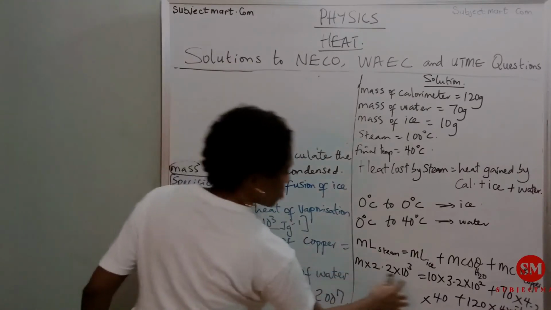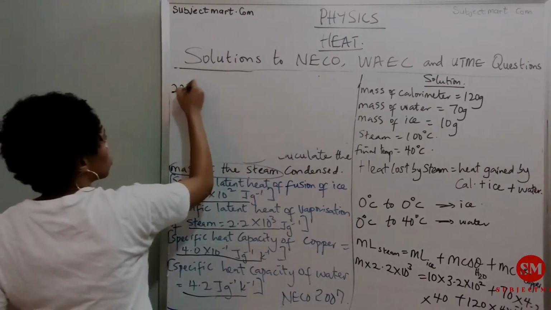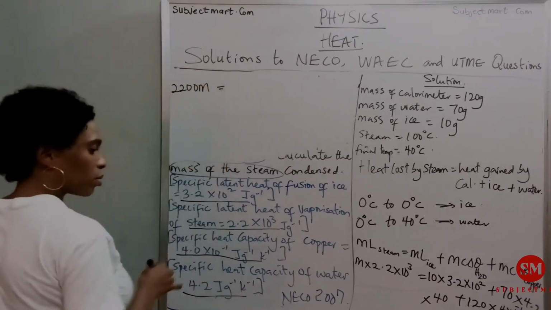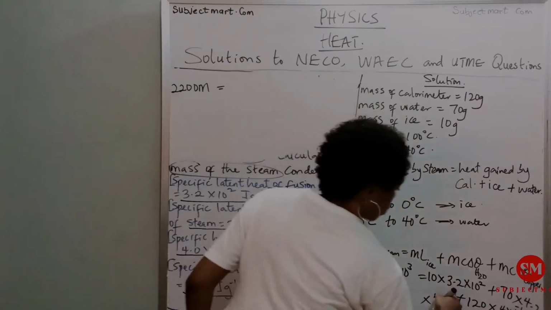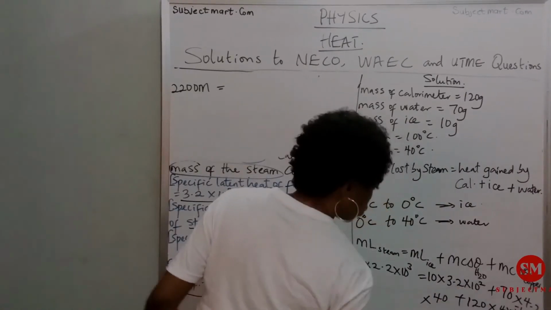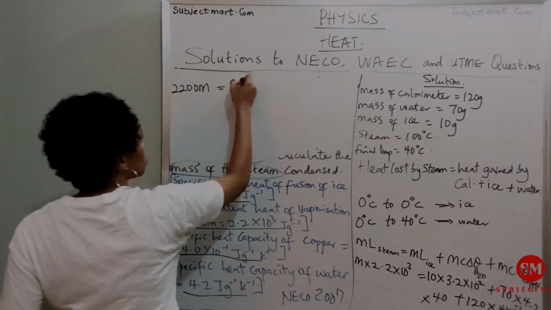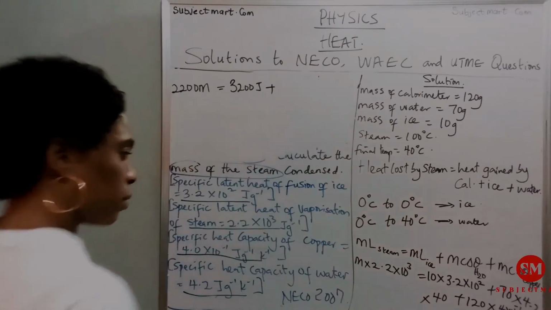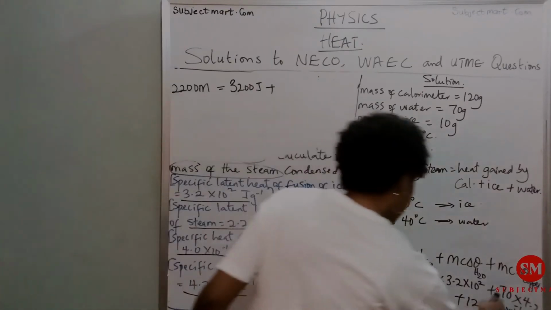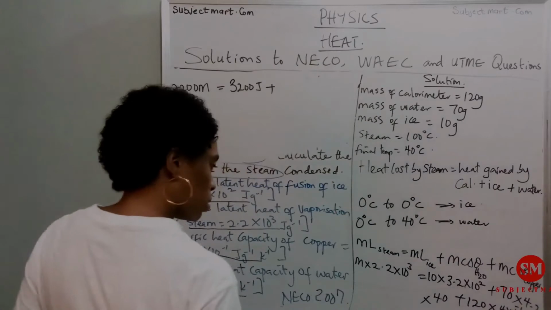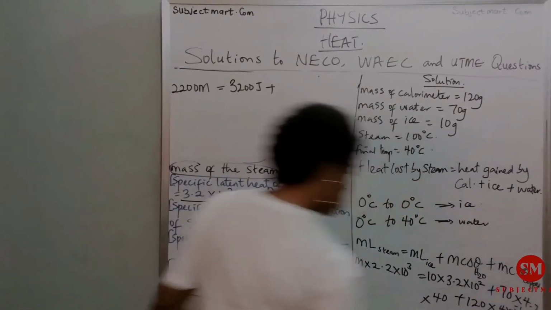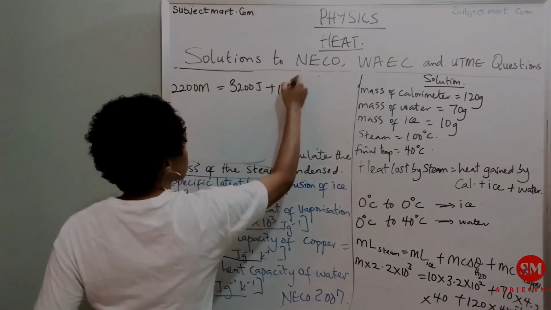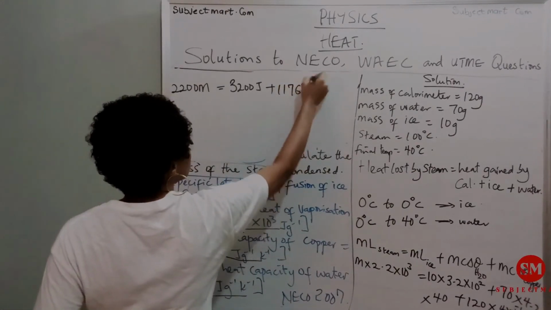So, M times this will give me 2200 M, which equals 10 times 3.2 times 10 raised to the power 2, which gives 3200 joules, plus 70 times 4.2 times 40, which gives 11,760 joules.